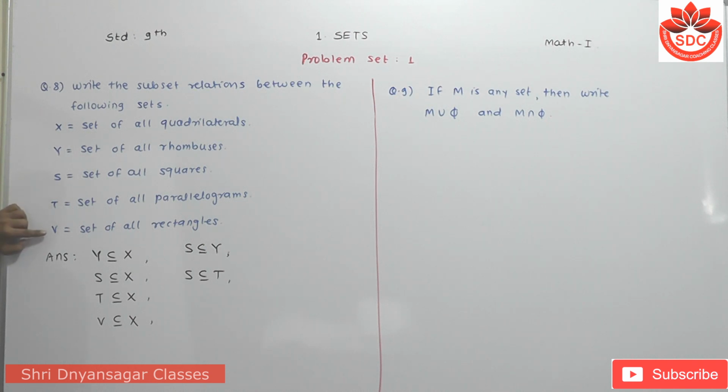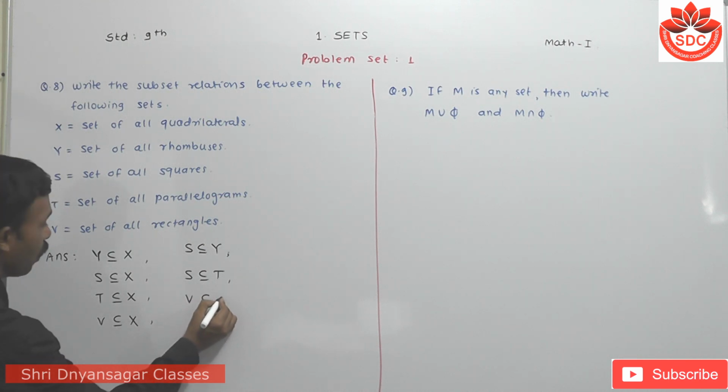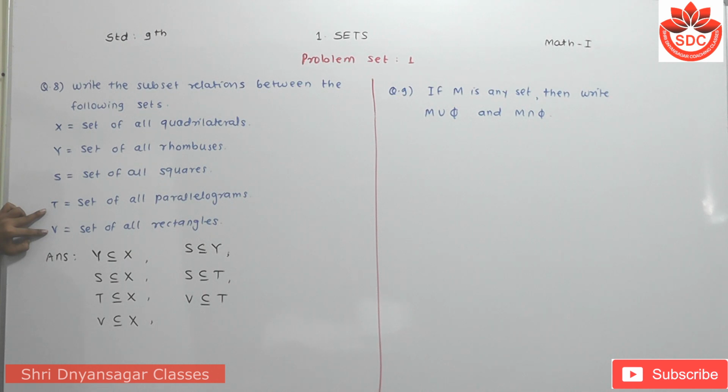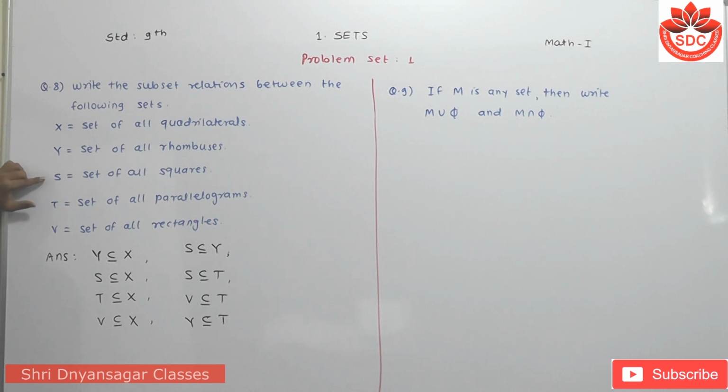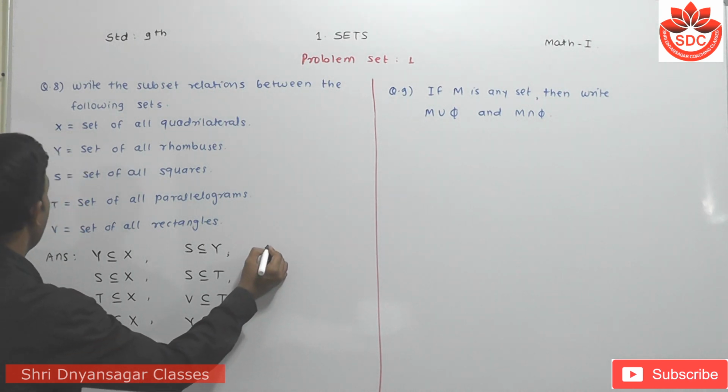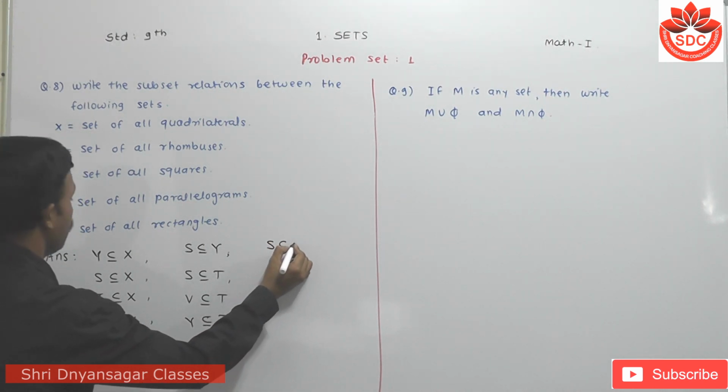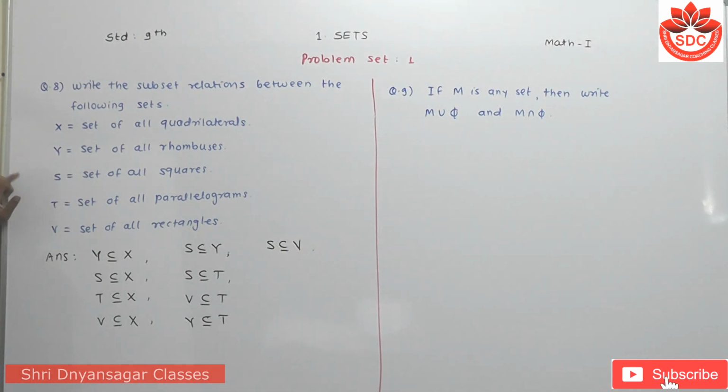Then a rectangle is also a parallelogram, which means V is a subset of T. Then the set of rhombuses is also a parallelogram, which means Y is a subset of T. Squares are also a subset of rectangles, because squares are also rectangles. So the next one is S is a subset of V. Now this is the subset relation between all these sets.